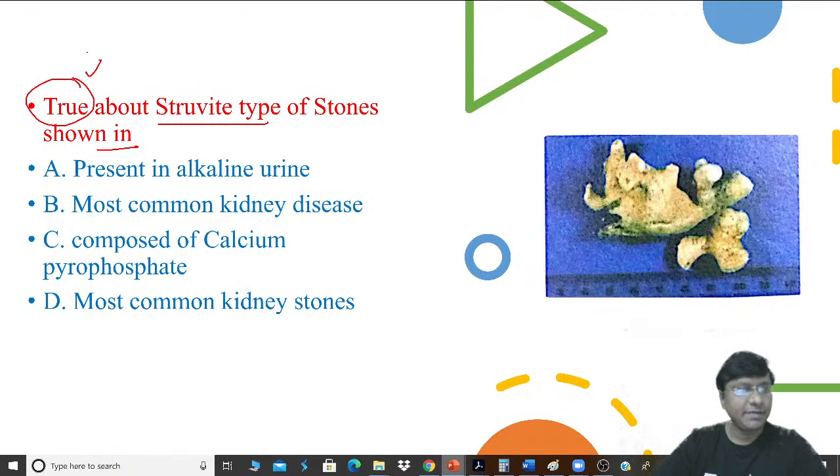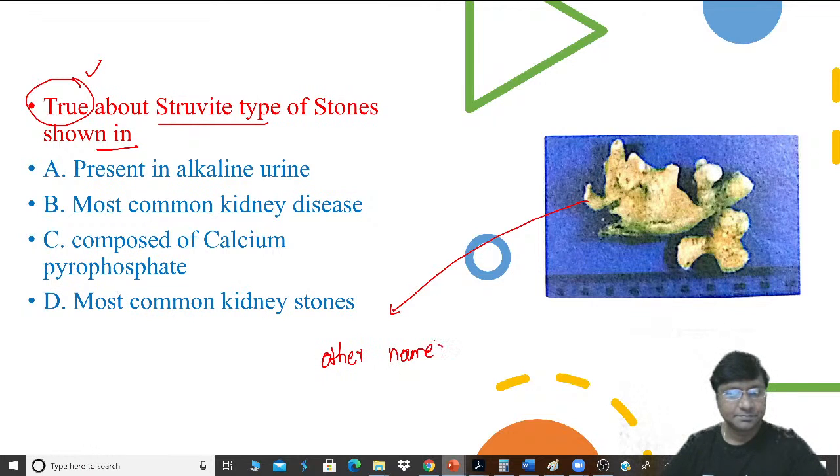Right, so this is another very important image based question in your nephrology, that is renal calculi. What is another name of these particular struvite stones? Oh, is it composed of calcium pyrophosphate?